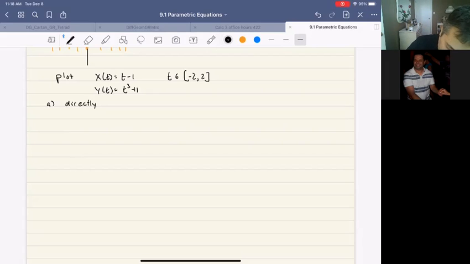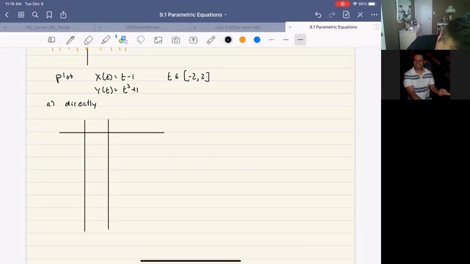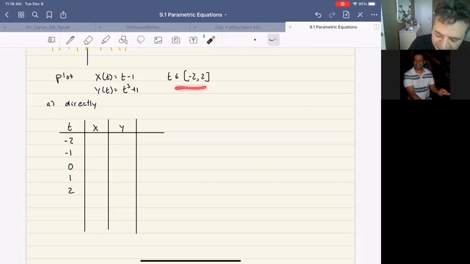So we're going to make a chart: t, x, y. Let's take -2, -1, 0, 1, 2, because t goes from -2 to 2.